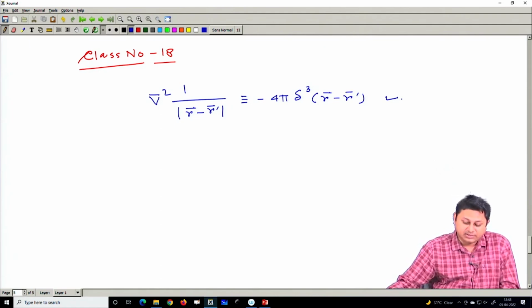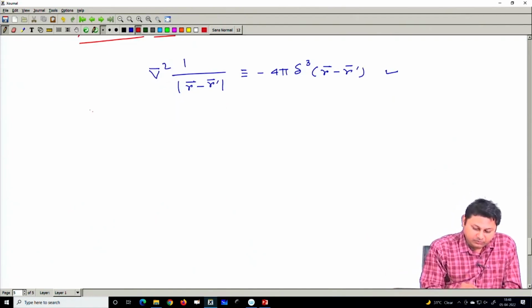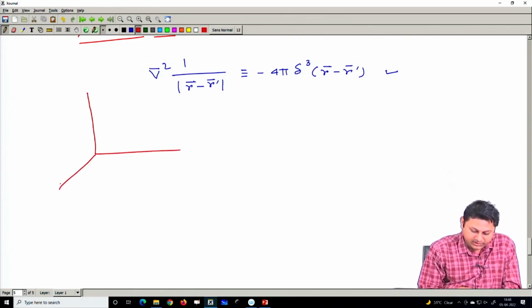We already understood the delta function in the last couple of classes. So, we are going to exploit those identities to understand this expression. Here, this is my coordinate system, and in it I plot my r here and r prime here.